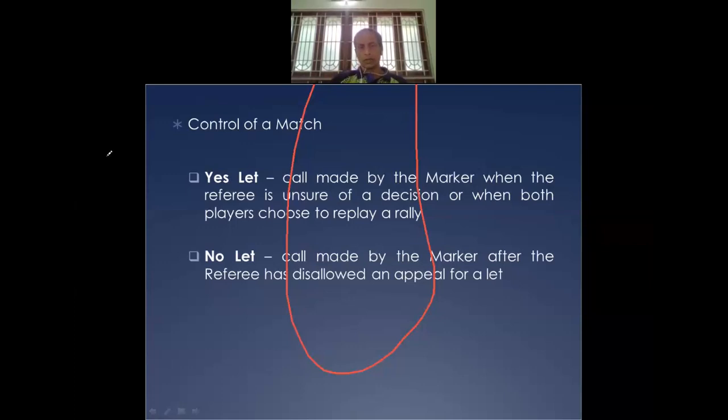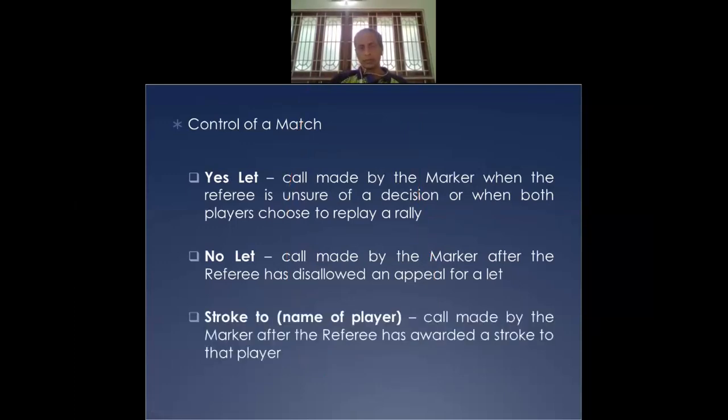These are all calls by the markers, which have to be parroted after the referee has given his call. If you are a referee and marker, you just call it once. If you are a marker, you'll have to repeat the referee's call and the score.